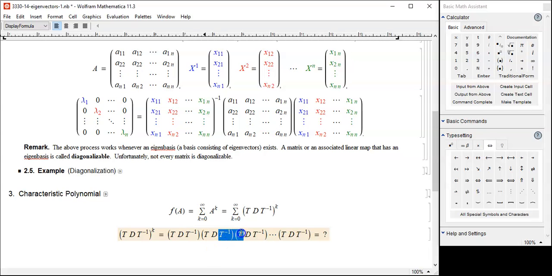And T inverse T cancel each other out, they become identity. Everything in between cancels each other out, and what do you get? T times D to the k power. This is what we get. And D to the k power is actually easy to calculate because this is diagonal, so all I have to do is take the k powers of all these diagonal entries.